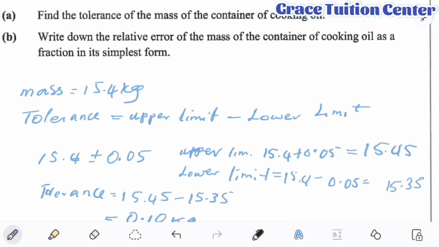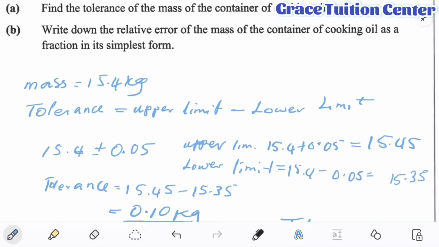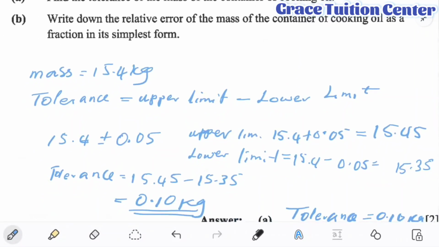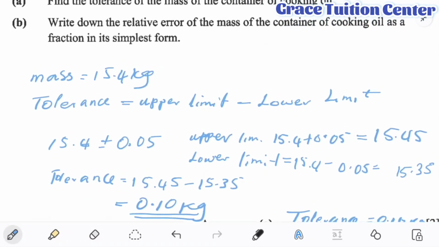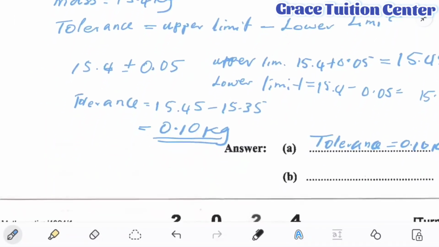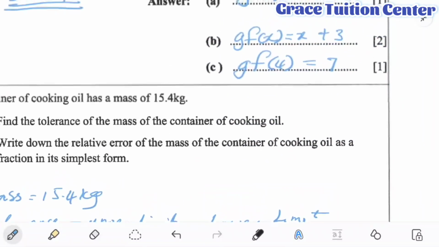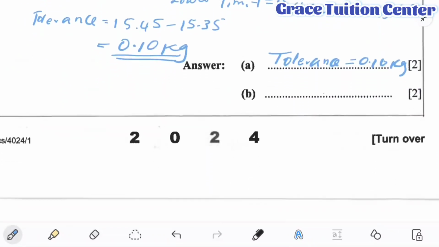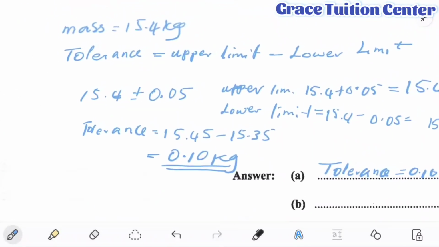The next question says write down the relative error of the mass of the container of cooking oil as a fraction in its simplest form. So we are going to work out our relative error. I'm looking for space here.